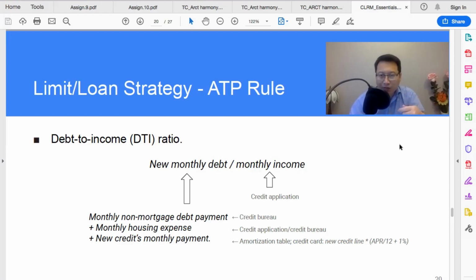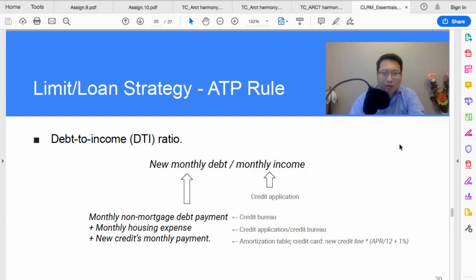That's called negative amortization. We do not want that to happen. We want consumers to be able to pay down the balance gradually. So that 1% makes sure that some principal is being paid each month. That's the estimate of the monthly payment from the new credit card debt or new personal loans.